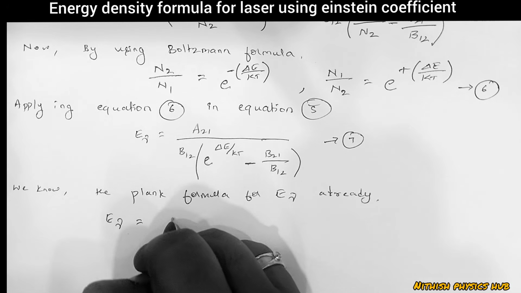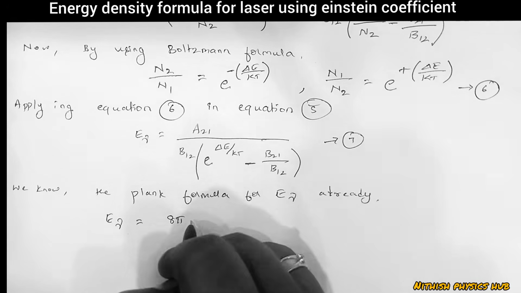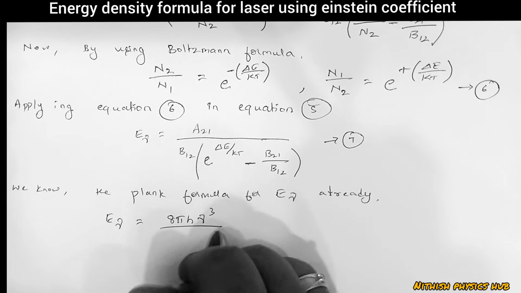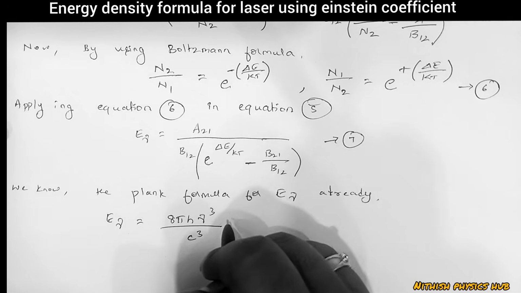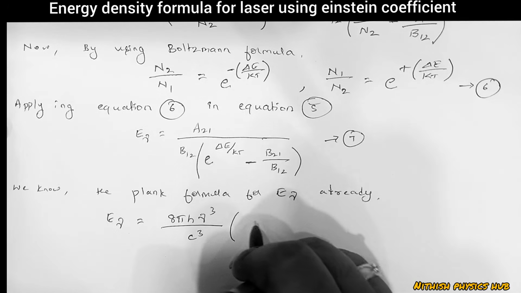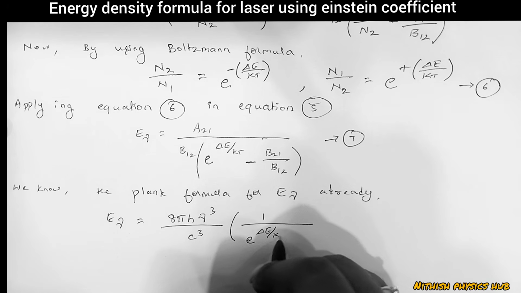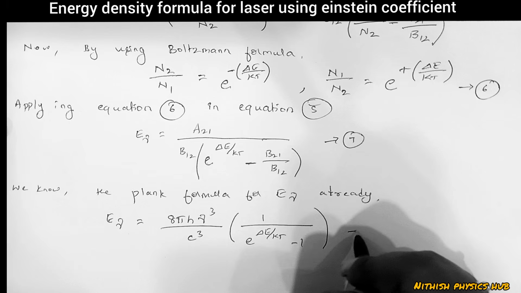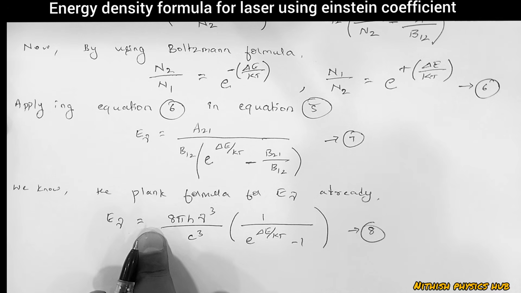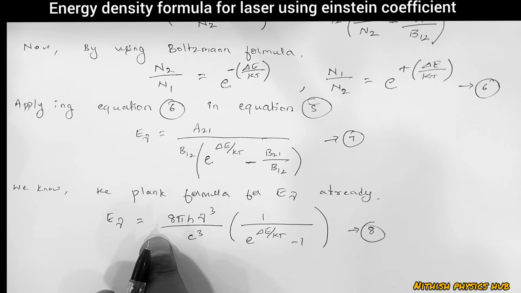E mu is equal to 8 pi h mu cube divided by c cube, into 1 divided by e to the power of delta E divided by kT minus 1. This is the formula of energy density which has been given in general for normal light, for the induced absorption and spontaneous emission which take place for the light.